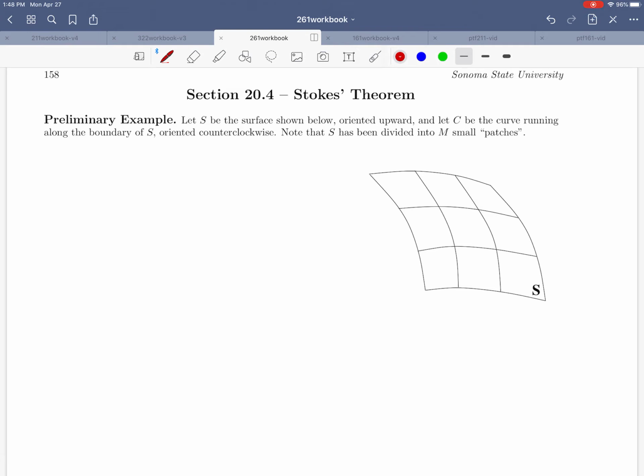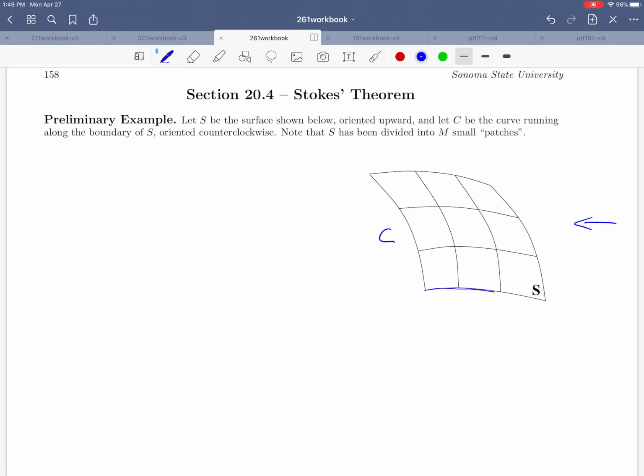So here's the situation. Imagine we have a surface S shown right here. Oops, different color. I want blue. So we have a surface S right here, and C is the boundary of S, oriented counterclockwise. So S is the whole surface and C is the outside.